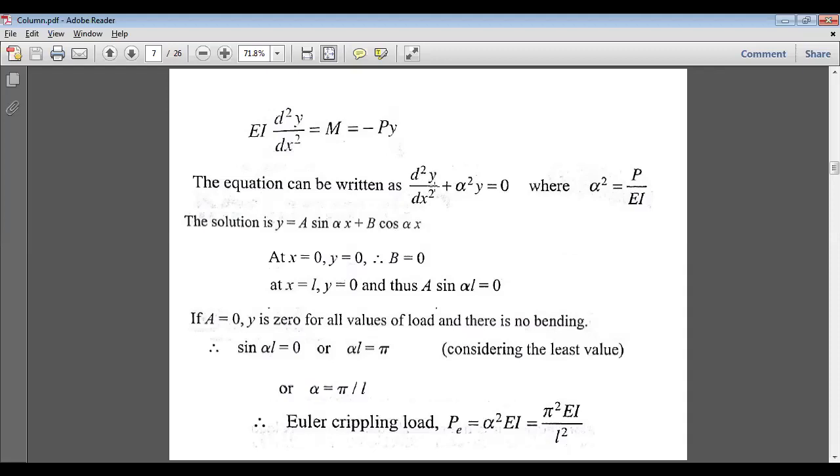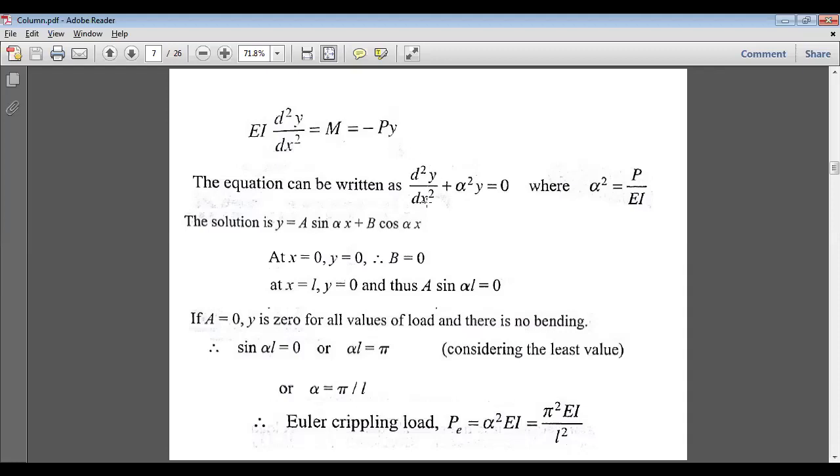So this way d2y by dx square plus alpha square y will be 0, because we have assumed alpha square is equal to P by EI.